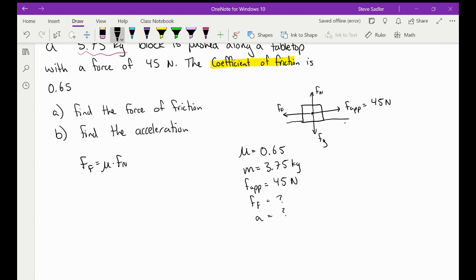So my force of friction formula is Ff is equal to mu multiplied by normal force, but we don't actually know the normal force. So this is mathematically what happens. If we're just looking vertically, let's ignore the horizontal forces. If we're just looking vertically, there is zero net force.